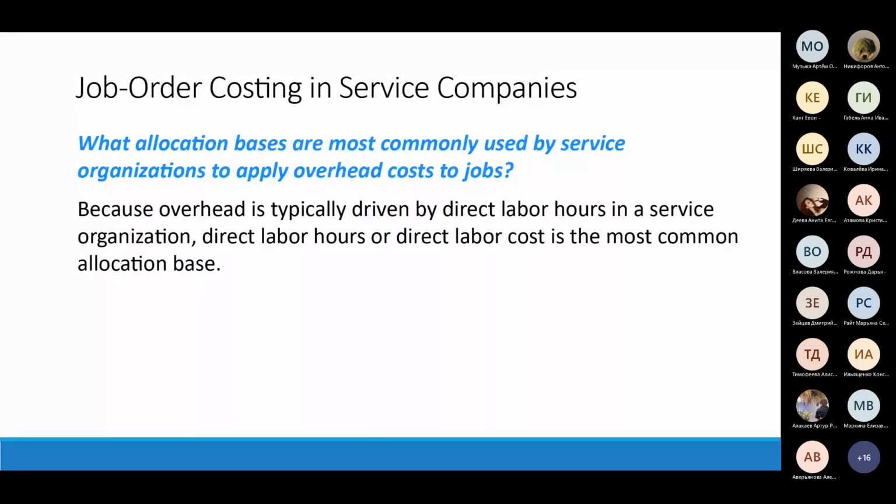Overhead is typically driven here by direct labor hours, so this is the most common basis for overhead allocation. But if, for example, your service is driven by computer hours or special equipment hours, you can choose another allocation basis.